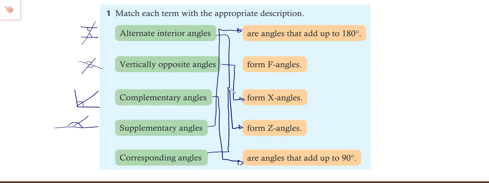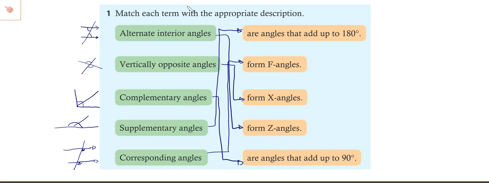I'm going to draw two parallel lines with a line going across, and the F angle is here and here. My arrows for being parallel should be on there. So we did all of that last time.